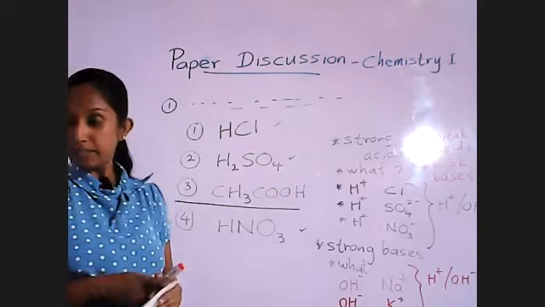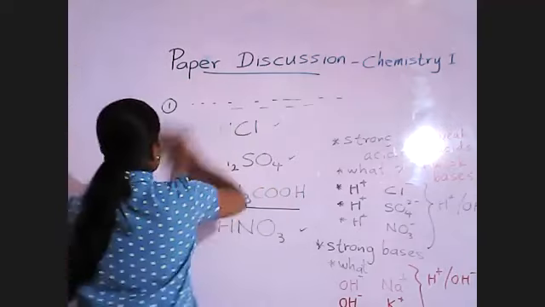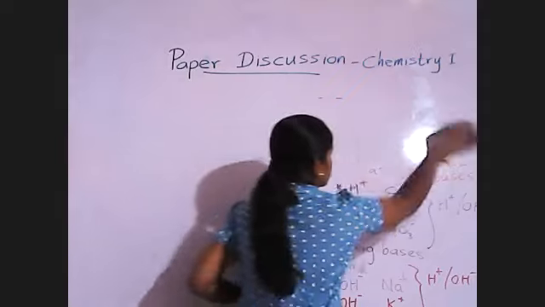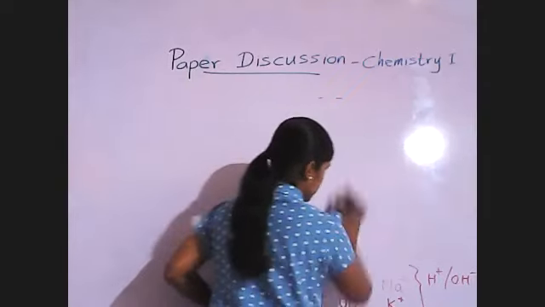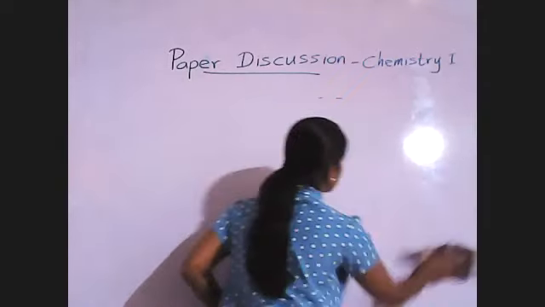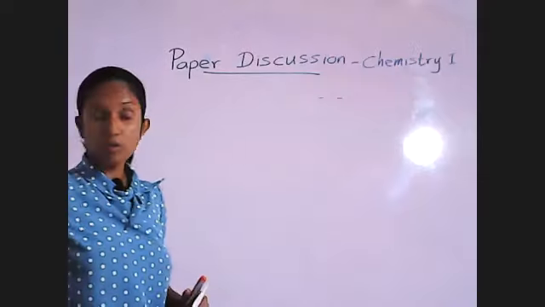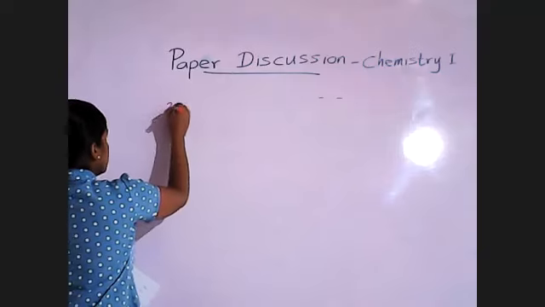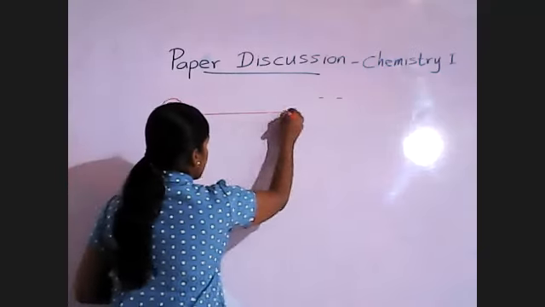We know that in the periodic table, you have a table also in the book, showing how the acidity and basicity differ along a period.